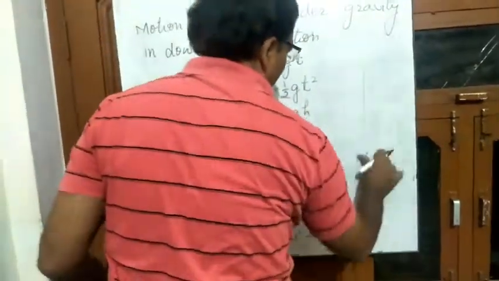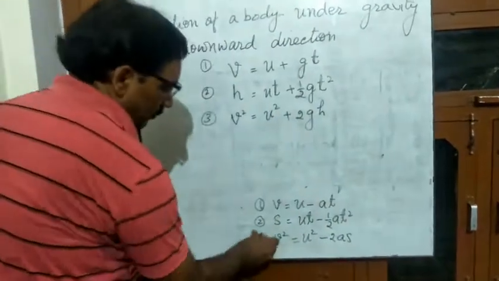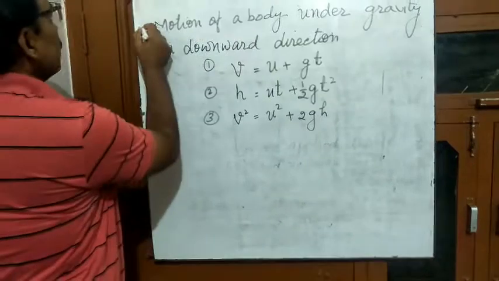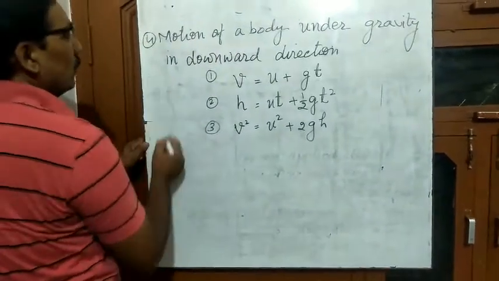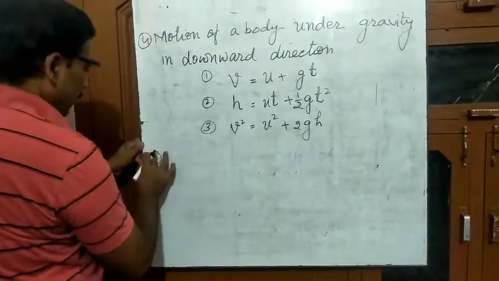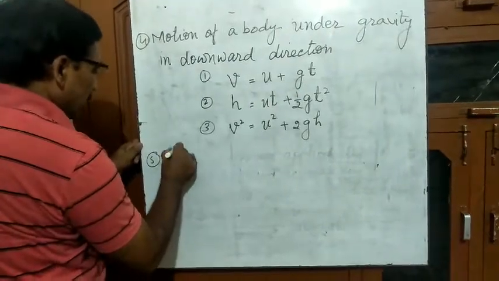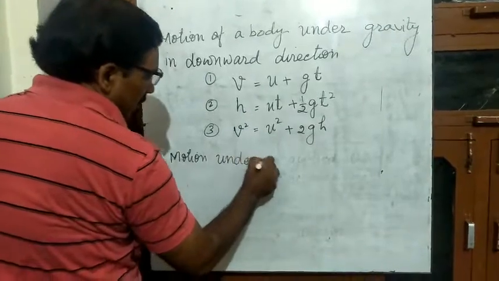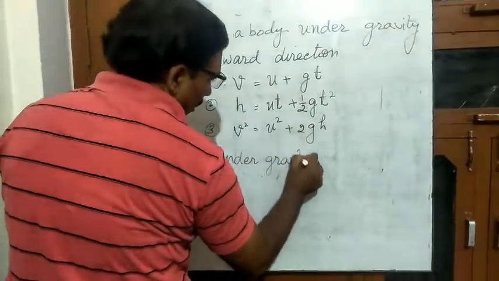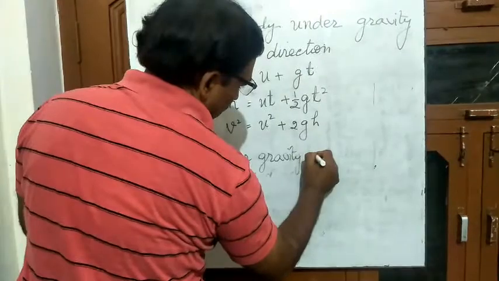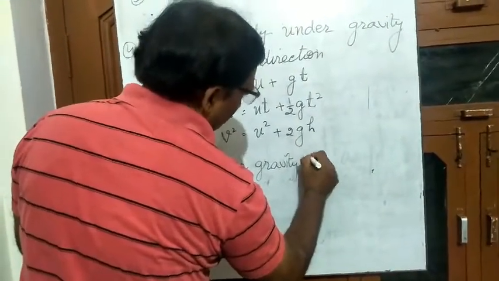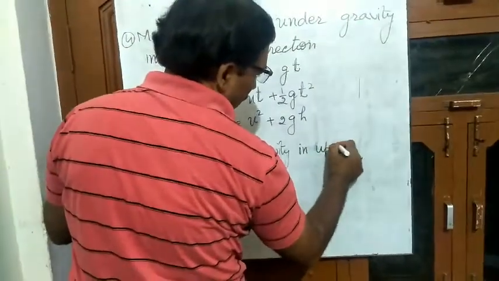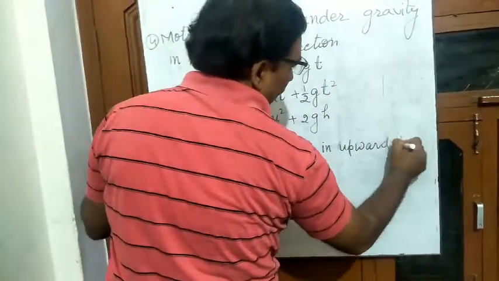Number 5: motion under gravity in the upward direction.